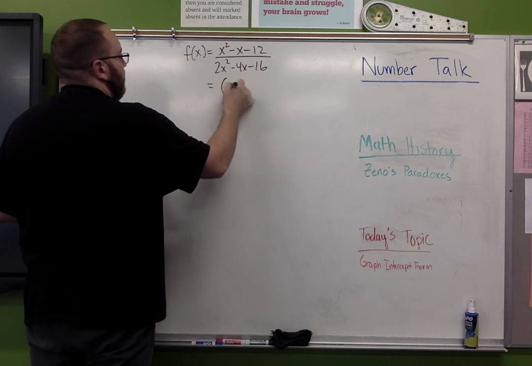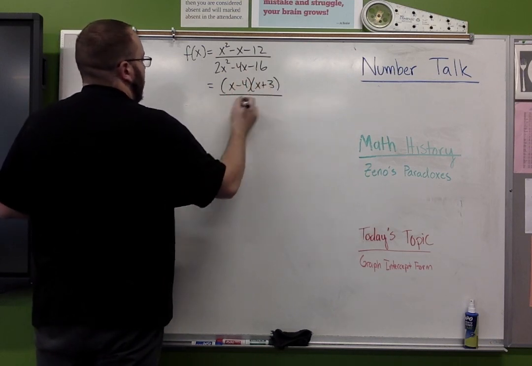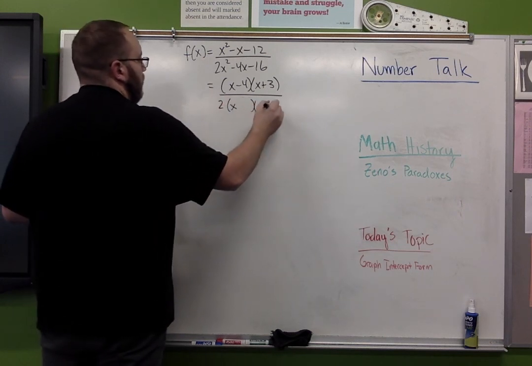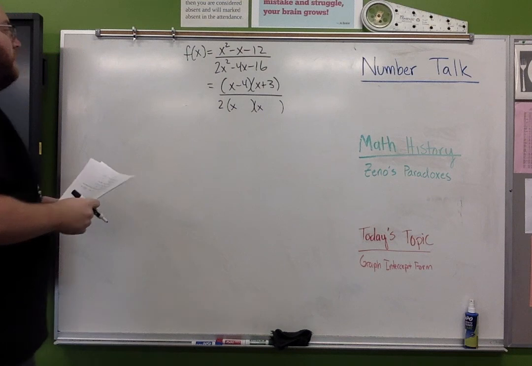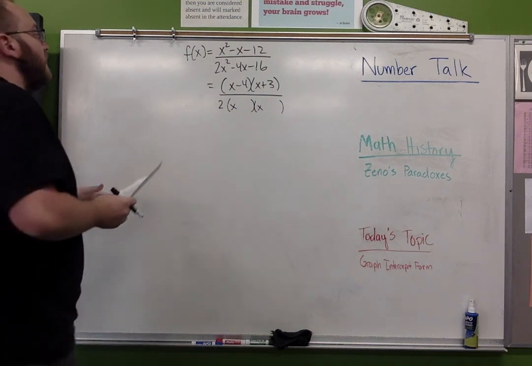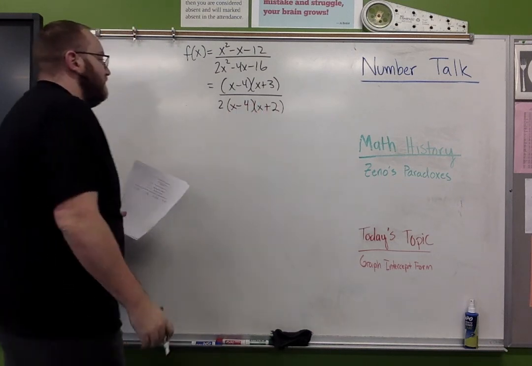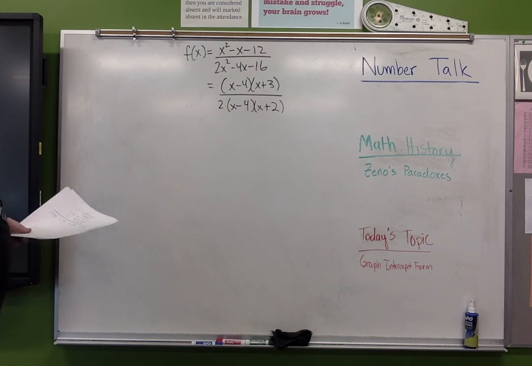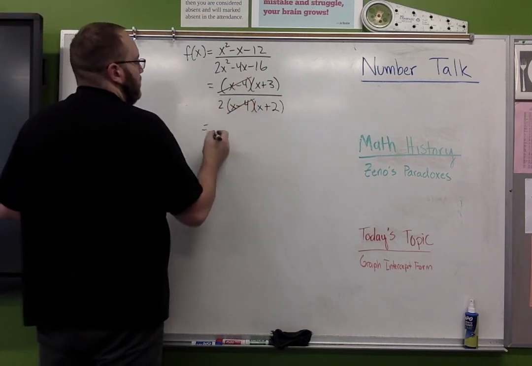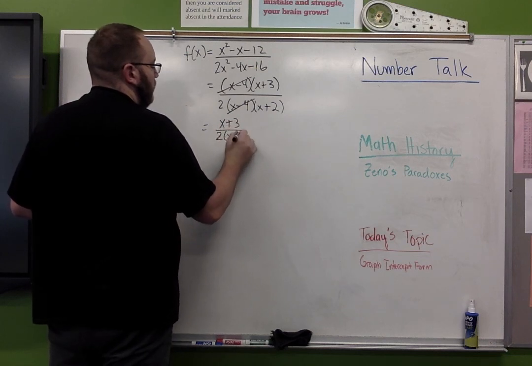So this is x minus 4 times x plus 3, and this is 2 times (x squared minus 2x minus 8), so x minus 4 times x plus 2. The x minus 4 is reduced. So I'm left with x plus 3 over 2 times x plus 2.